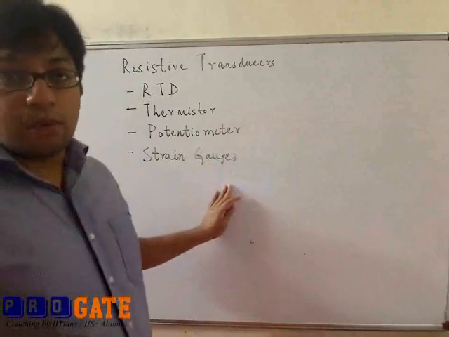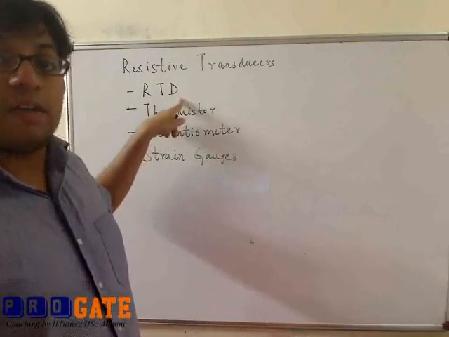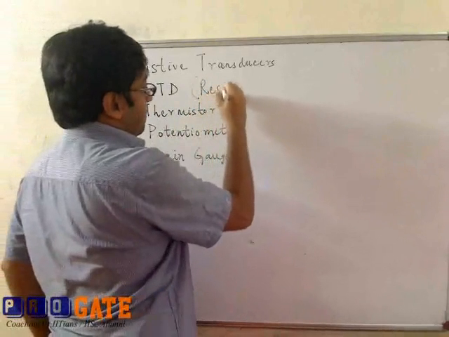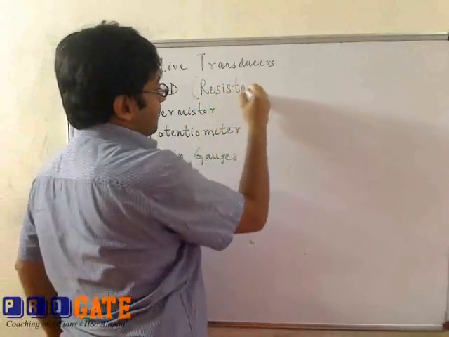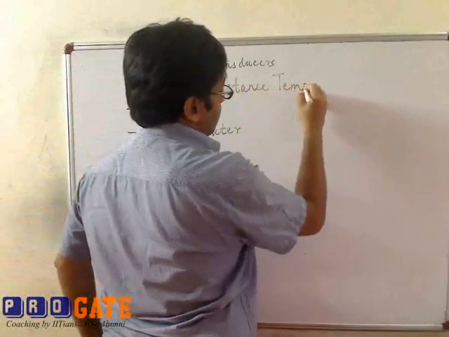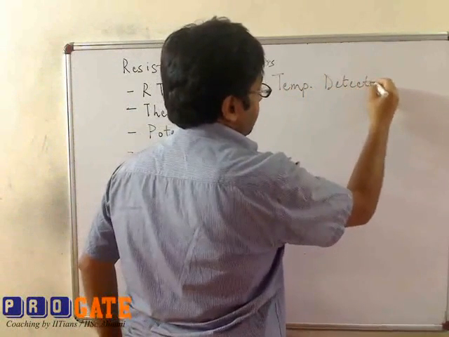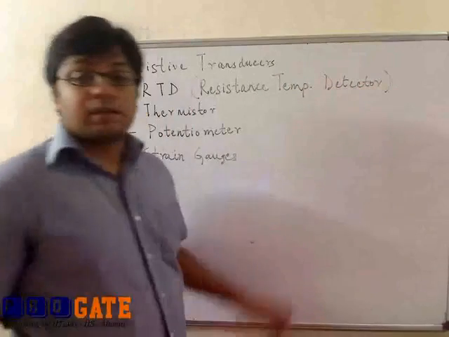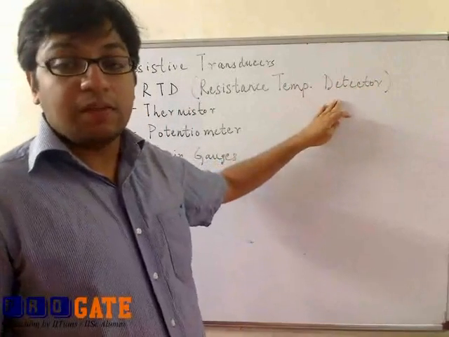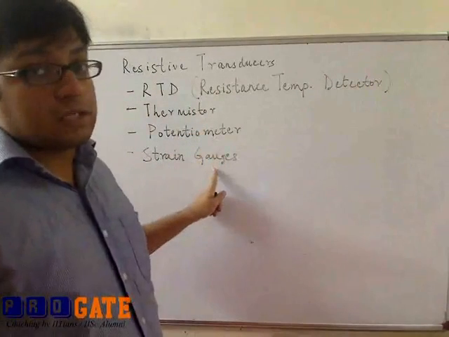These are some of the popular types that we would be studying. The first one, RTD, is an abbreviation for resistance temperature detector. Then we would study thermistors, potentiometers, and finally strain gauges.